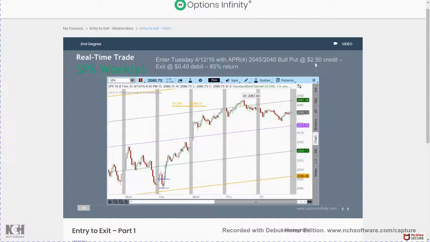Got a $2.50 credit, and I exited when it hit the 161 right here with a 40-cent debit, or an 85% return. Came down to the -2 on the regression channel, made a measured move, entered the trade, exited at the Fibonacci. 1, 2, 3.